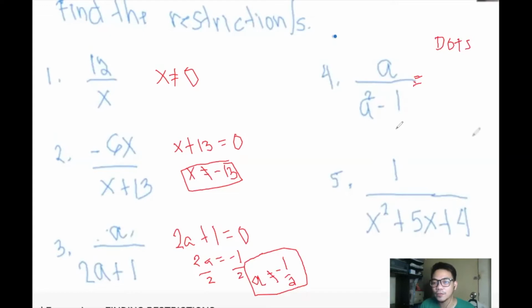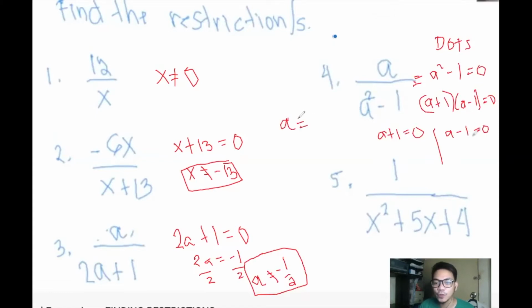Then we equate each to 0. We have two factors: a plus 1 equals 0, and the other one is a minus 1 equals 0. Therefore, we have two restrictions here: x should not be equal to negative 1 and positive 1. So it's possible to have two or more restrictions.